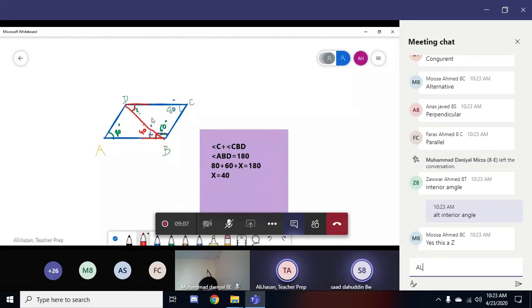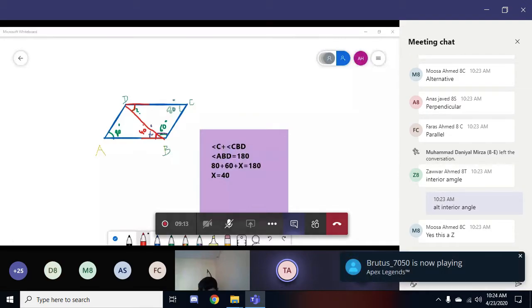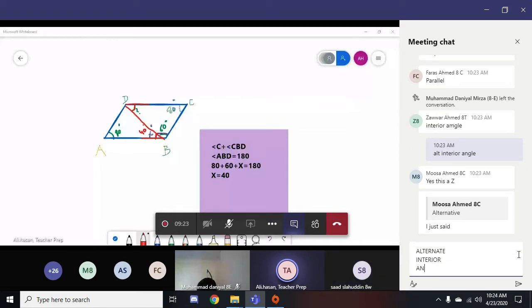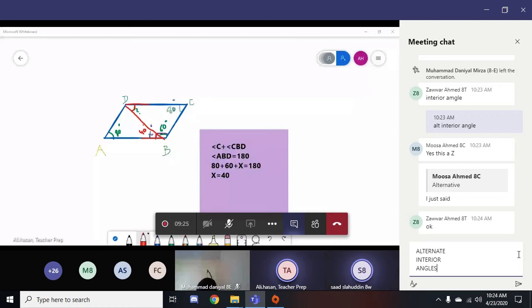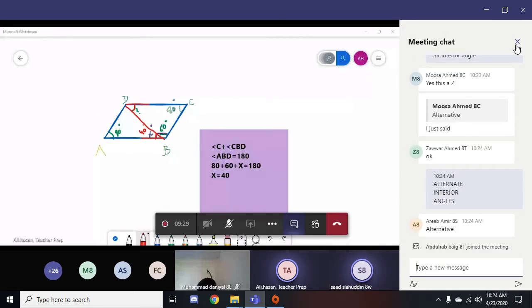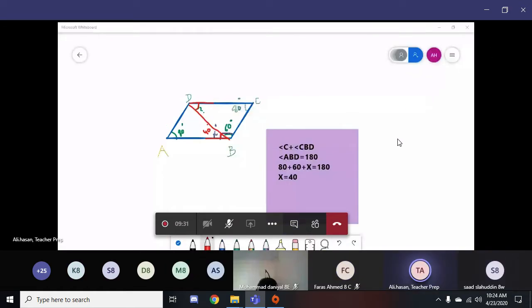These are alternate angles, beta. They are not interior angles. Okay, Musa, I think I missed your comment. If you said so, you are right.